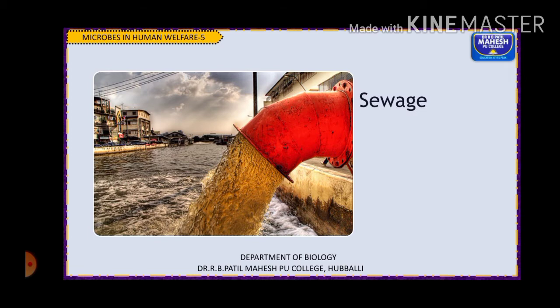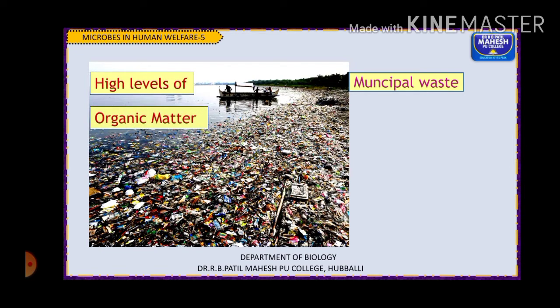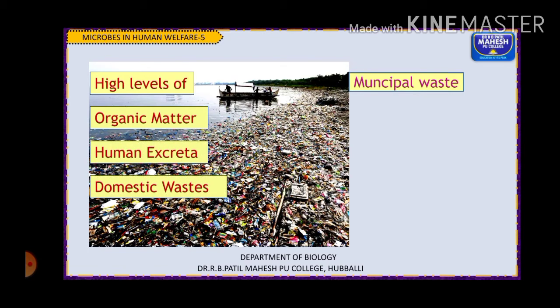Sewage is nothing but municipal waste, where the water contains high levels of organic matter, including human and animal excreta, domestic waste, washing water, and also dissolved nitrates, phosphates, and biodegradable organic matter.